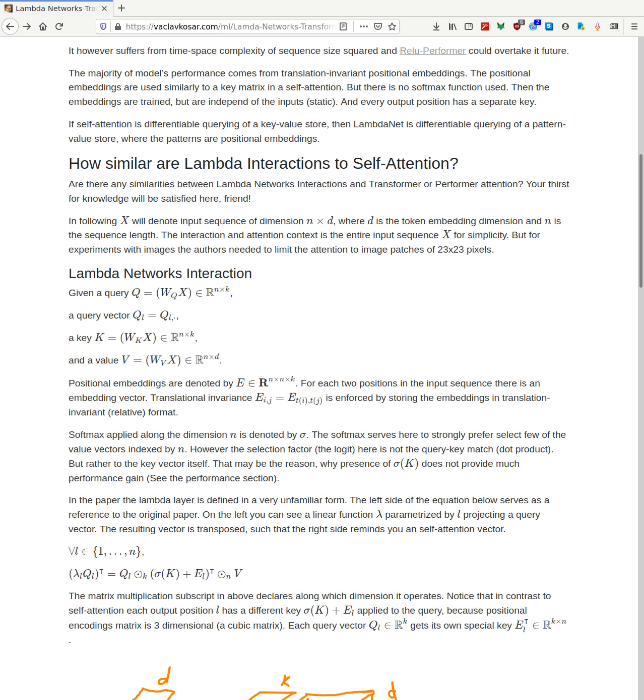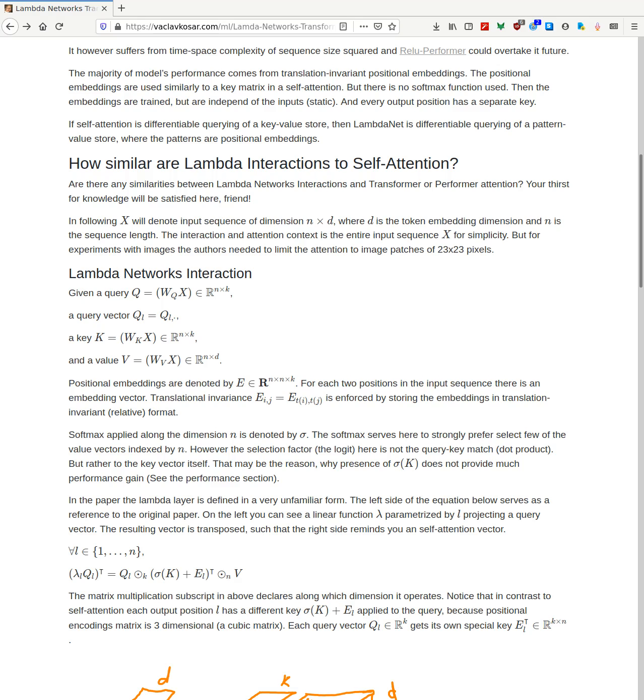And that's the trick here: for each output position there is a separate key. This is what we don't have in self-attention. In self-attention we sort of share keys. I will show you. But here, thanks to the extra dimension, we have a separate key for each output position. Self-attention is a sort of querying of a key-value store, right?